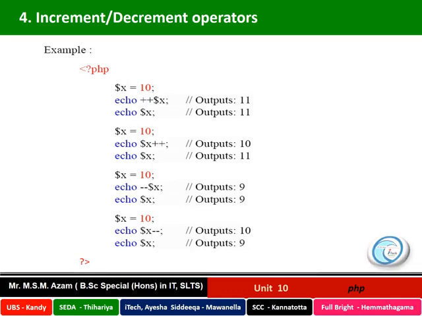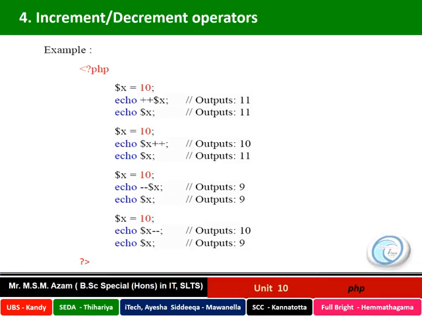That means first of all I have to increment the value of variable x by 1 and return the result. Accordingly, value of the variable x is given as 10. Then with this pre-increment operator, it will be incremented to 11. Therefore, when I type echo $x, output should be 11.